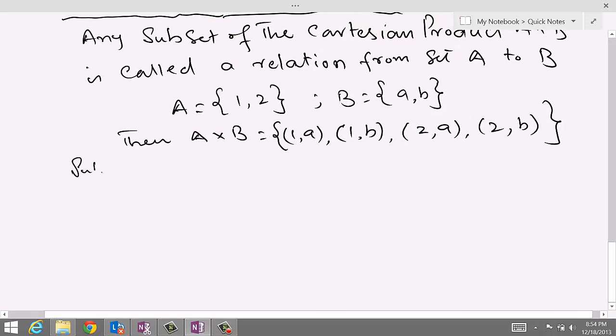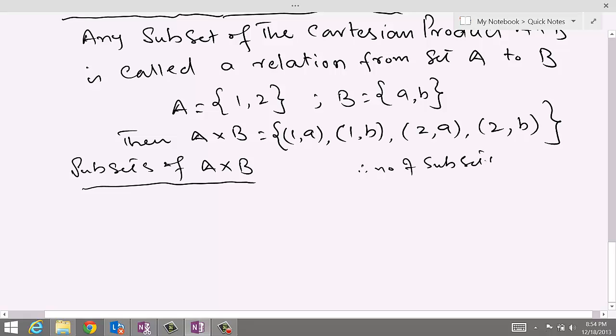Now, how many subsets does this have? Subsets of A cross B. How many subsets will be there? We already learned this is equal to 2 power number of elements in the set.